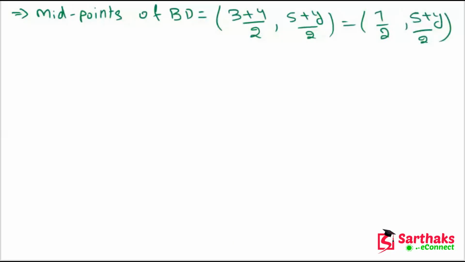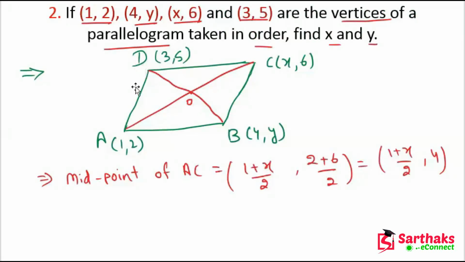Now the midpoints of AC and BD are same, because we have two lines AC and BD, and these two lines are the diagonals of the parallelogram. The property of the parallelogram is that the diagonals bisect each other.